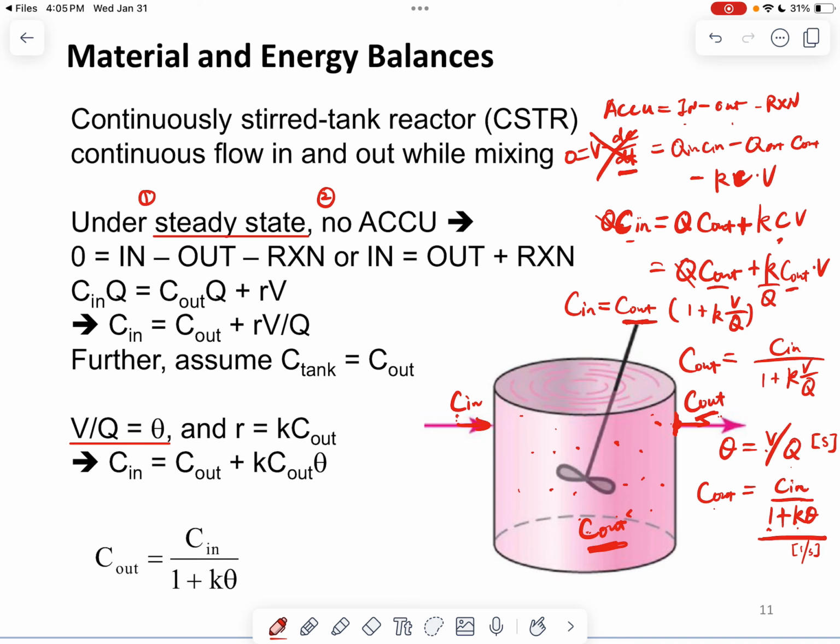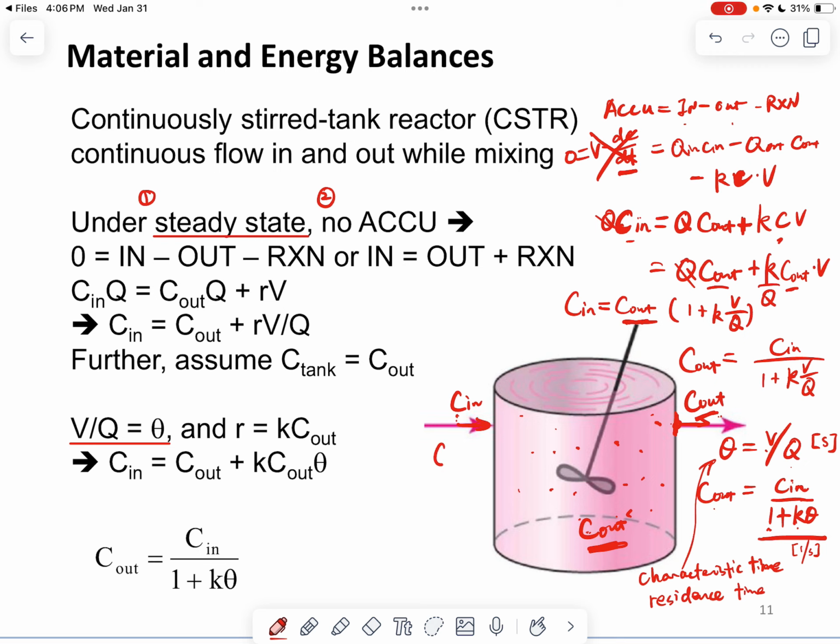So because of that, people also define this theta as the characteristic time of the system, or people also call it the residence time of the system.